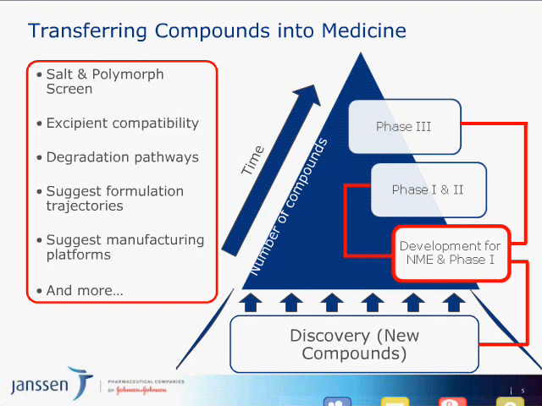The major activities include salt and polymorph screens, excipient compatibilities, and forced degradations. We also suggest formulation trajectories, as well as suggest the manufacturing platforms. We are mainly here, but we are trying to be end-to-end in the organization. That means we also support phase 2 and phase 3, and also the discovery phase.